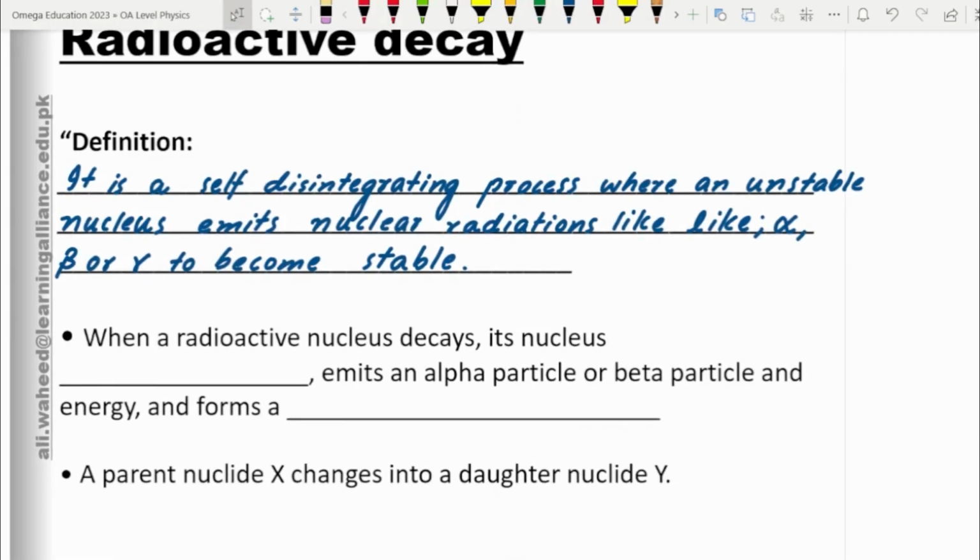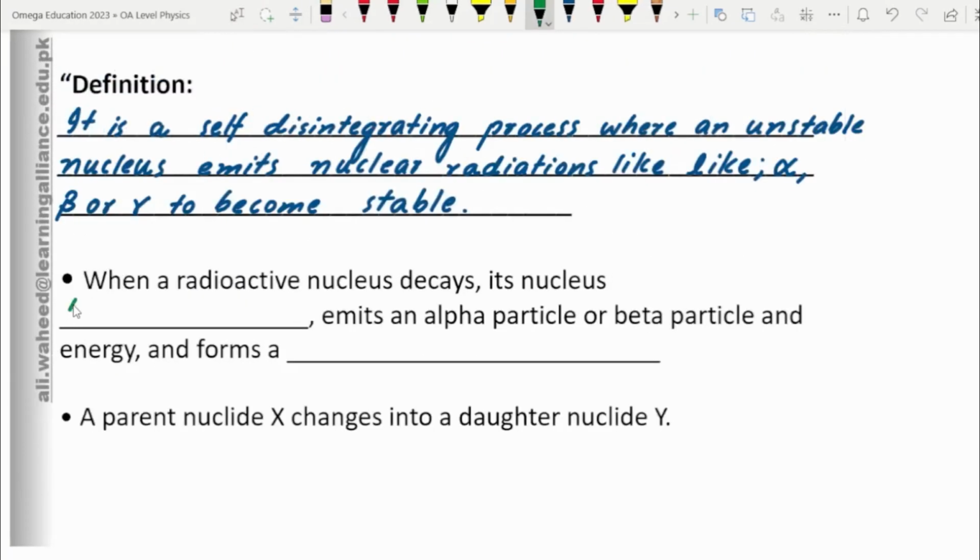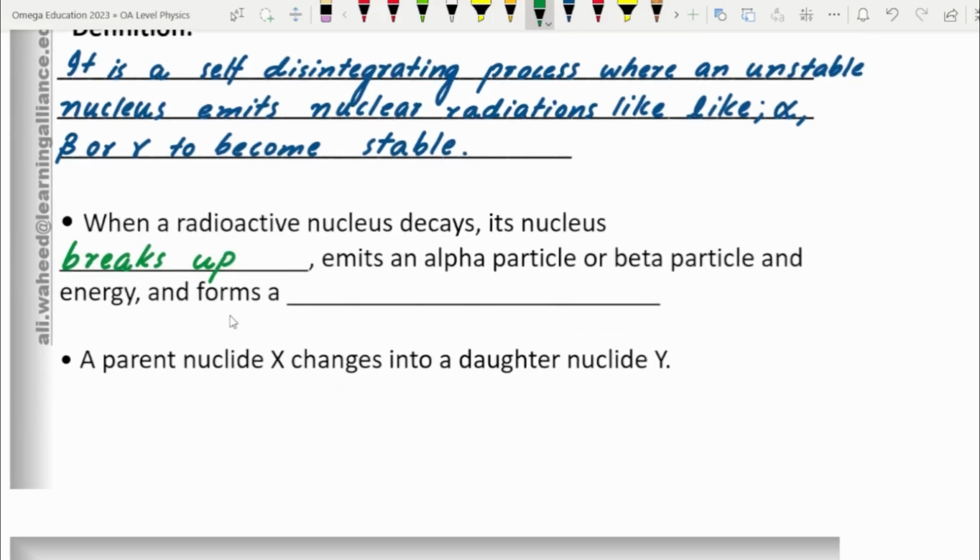The next thing, when a radioactive nucleus decays, its nucleus breaks up, is broken down, is disintegrated, and emits an alpha particle or beta particle or energy and forms a new element.